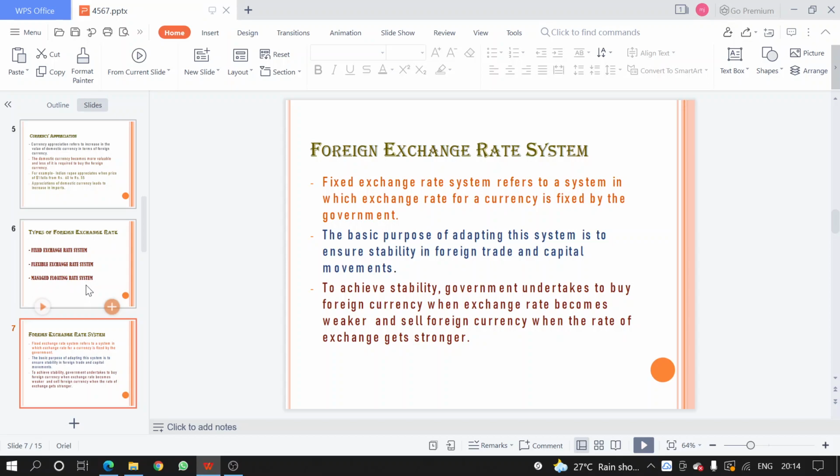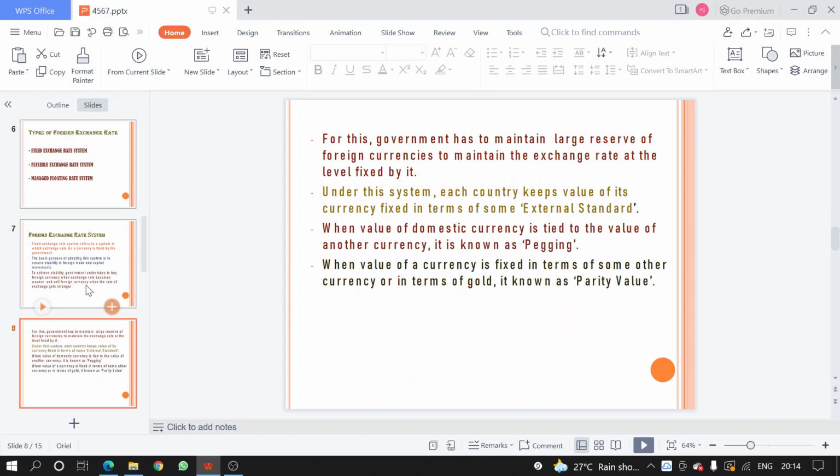The basic purpose of adopting this system is to ensure stability in foreign trade and capital movement. To achieve stability, the government undertakes to buy foreign currencies when the exchange rate becomes weaker and sell foreign currencies when the rate of exchange gets stronger.